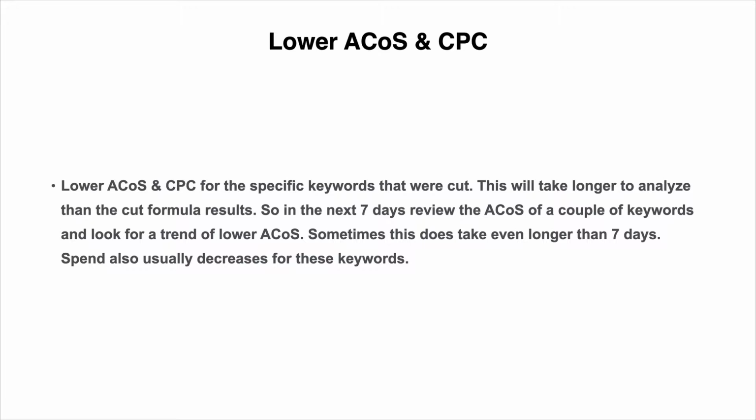So in the next 7 days, review the ACOS of a couple of keywords and look for a trend of lower ACOS. Sometimes this does take even longer than 7 days. Spend also usually decreases for these keywords. ACOS is one of those things that fluctuates drastically because buyer spend habits just fluctuate. And so that's why you need a longer time frame, 7 days, 14 days, to make decisions.